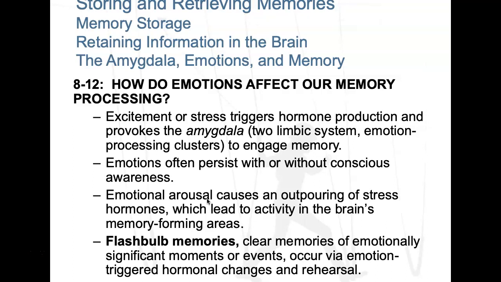The attacks of 9/11. A lot of times people remember exactly where they were and exactly how they felt, okay? And certain other things can fall into that category. But the biggest difference with flashbulb memories versus episodic memories is that flashbulb memories are very, very vivid, and that they are tied to an emotion that we experienced during that particular memory.